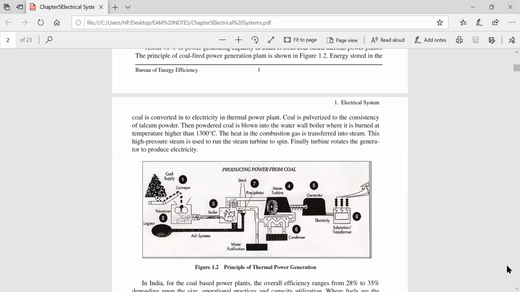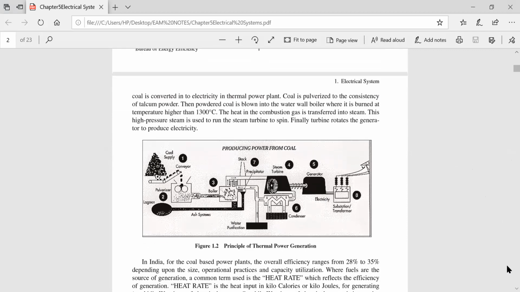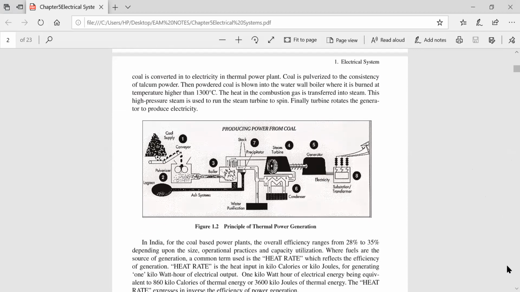So here we have seen the coal supply, and that coal supply is coming from Jharkhand and all that. Those are the major sources of coal in India, but sooner or later, in some decades, it will be diminished. So we have to move to other sources, like solar energy and all that.